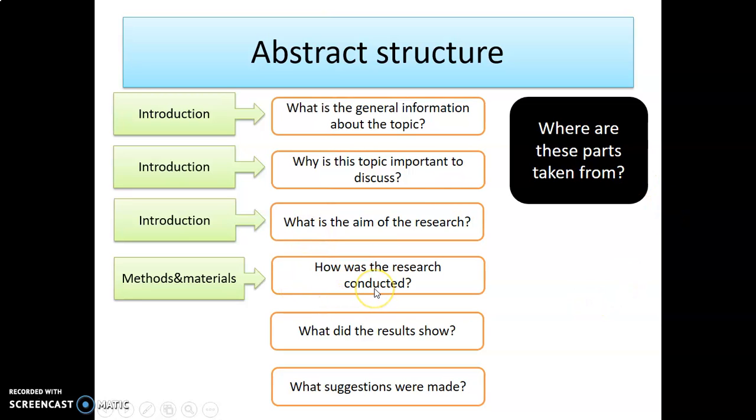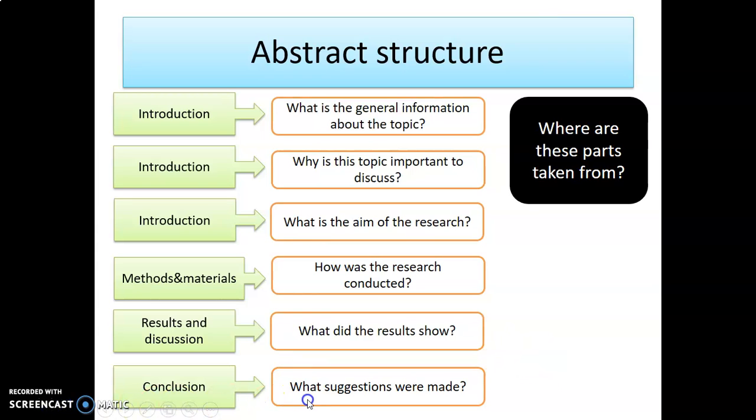Then we talk about the research, how it was conducted, and what method was used, and we use past tense. And then when we talk about results and discussion, what the results showed, and some possible explanation of the results. And finally, conclusion, something about suggestions and advice.